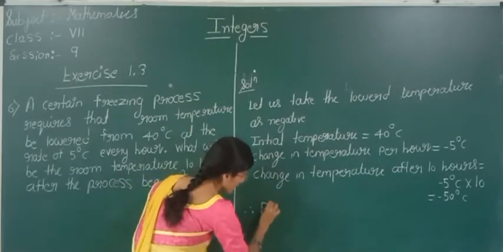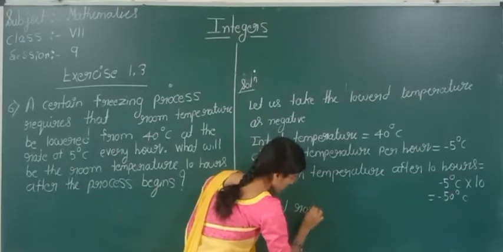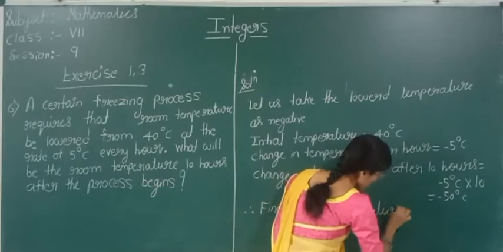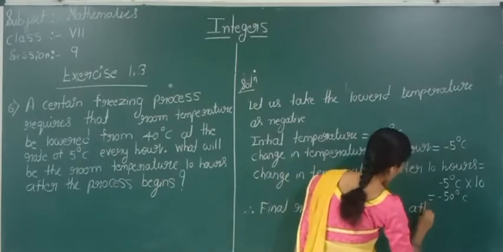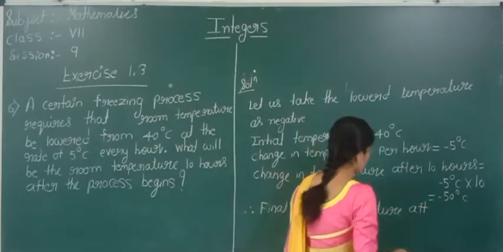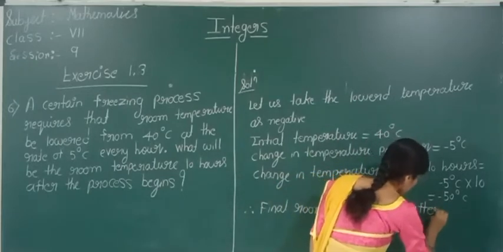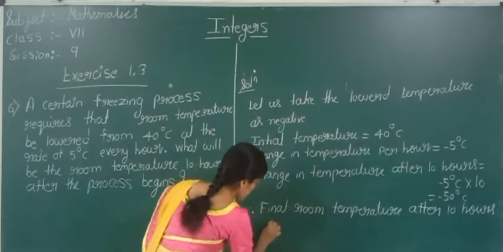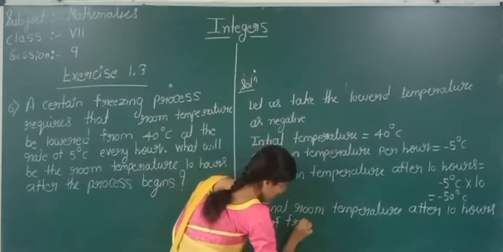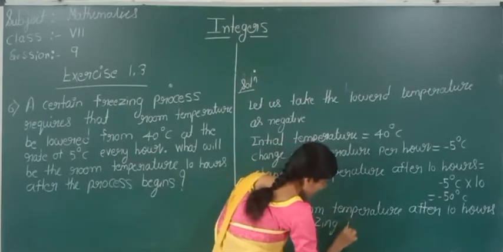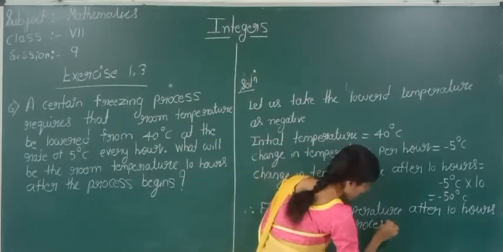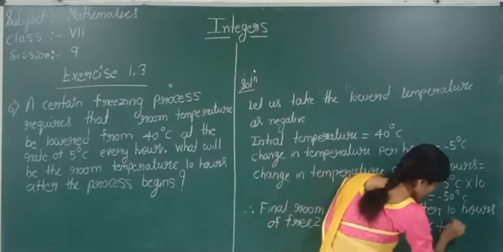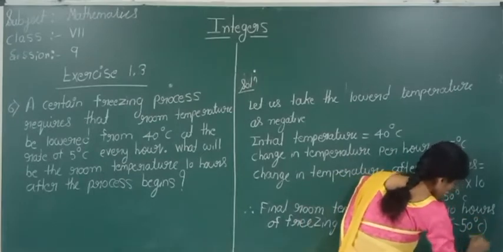Therefore, the final room temperature after 10 hours, right? They ask after 10 hours of freezing process, is equal to 40 degrees Celsius plus of -50 degrees Celsius.